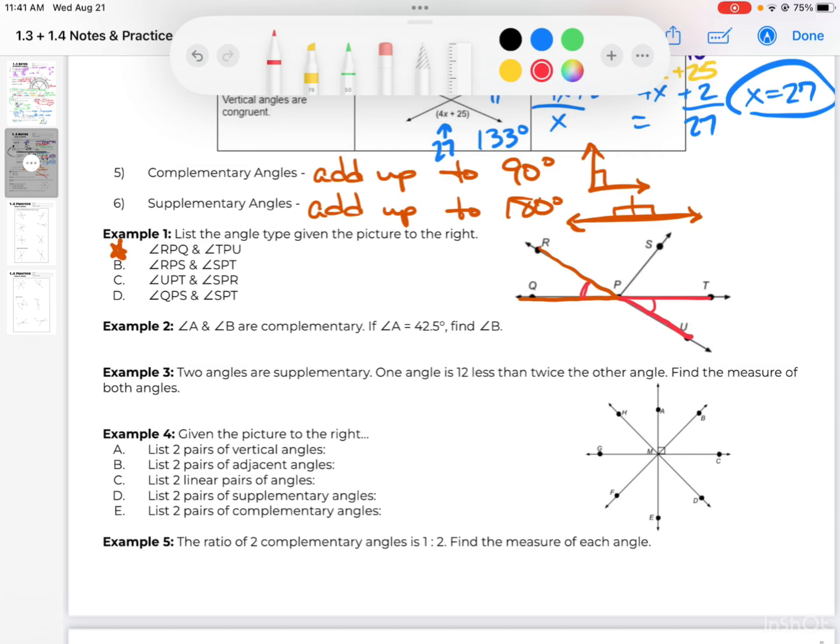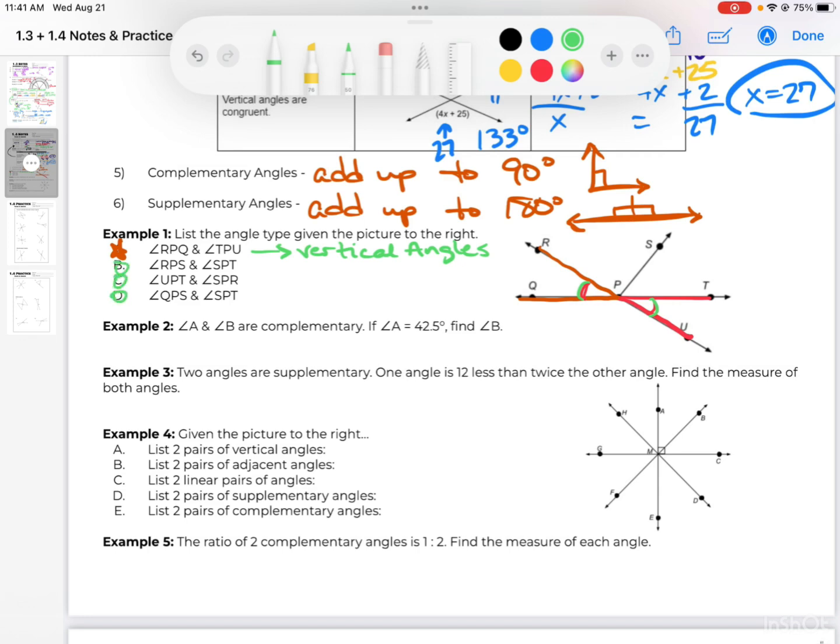And so when two angles are at an intersection and they're opposite of each other, I can use my vertical angles theorem and know that they're equal. Now in this case, it's just looking for type. So I'm just going to say that they're vertical angles. I know that they're at an intersection, they're across from each other, and they're equal.